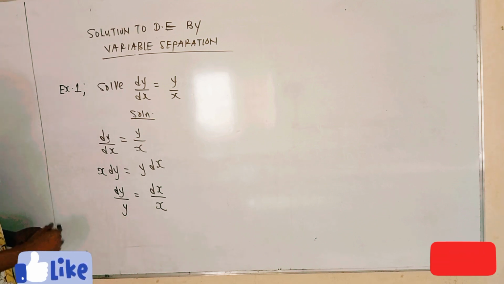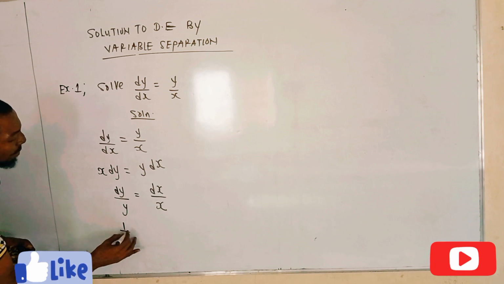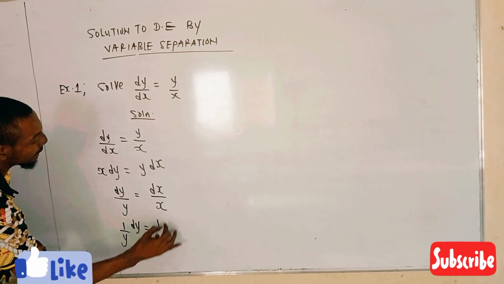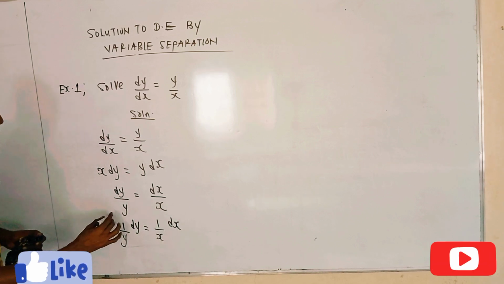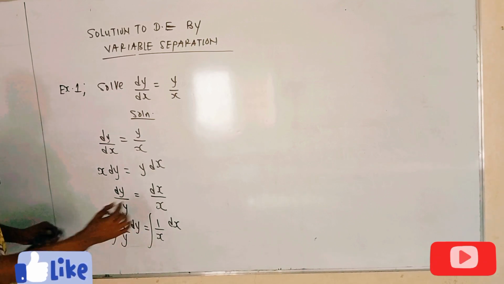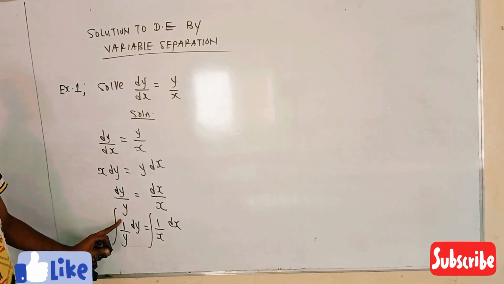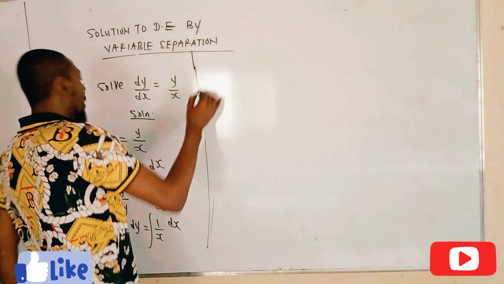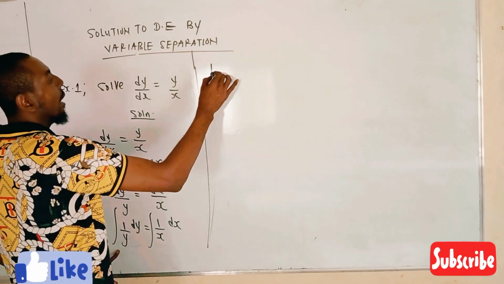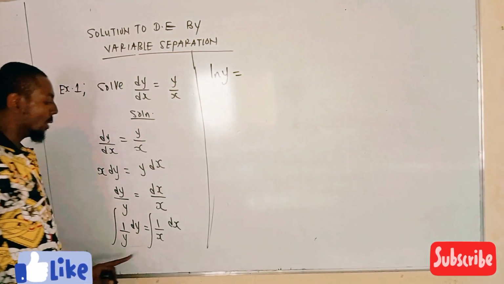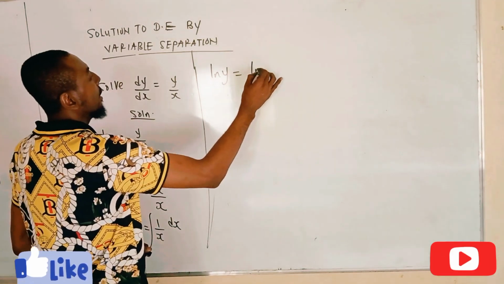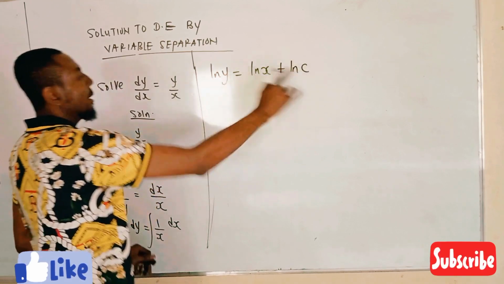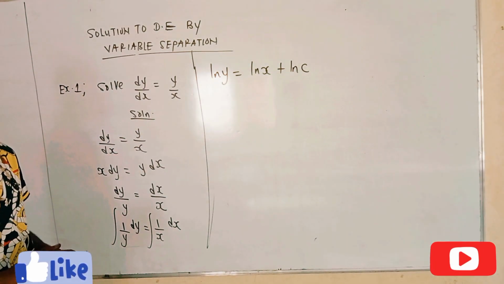Now this can equally be written as 1 over y dy equal to 1 over x dx. So I can integrate both sides. Integral of 1 over y is ln y, equal to integral of 1 over x, which is ln x, plus ln c, since we are having all logarithm functions.